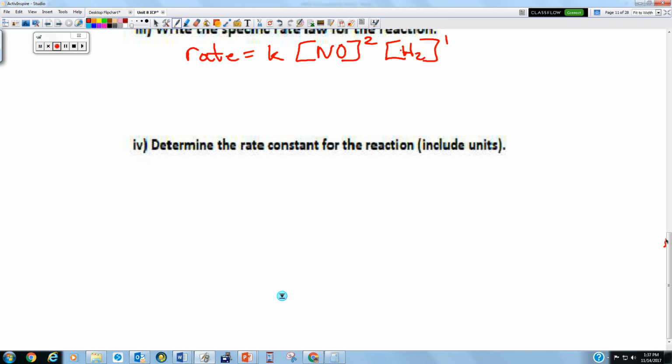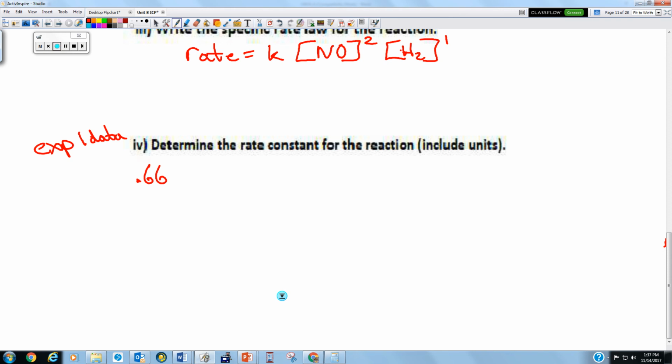And then the last one is solving for K. So we just use the information from experiment 1. Experiment 1 data, which is our rate, is 0.66.